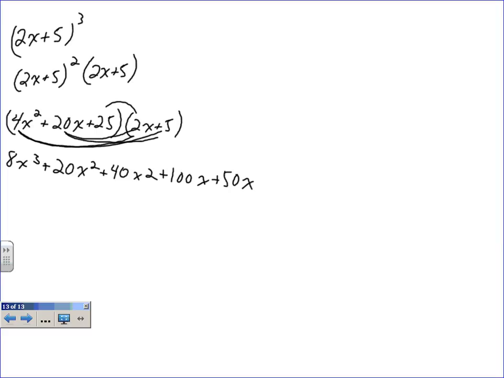And 25 times 5 would give me the 125. And then we simply combine like terms. 8x cubed. I have 20x squared plus 40x squared would give me 60x squared plus 150x plus the 125.